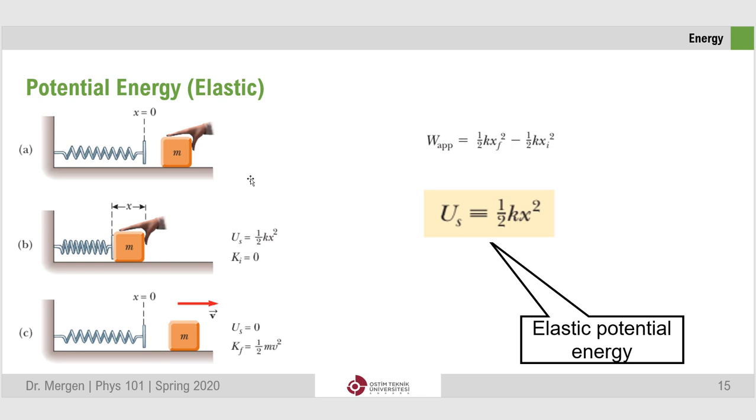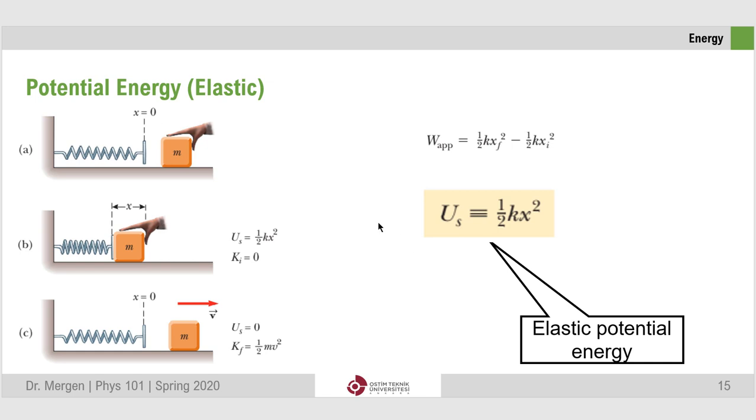The second type of potential energy is the elastic potential energy. Some objects like a spring or a sponge can store energy, can store mechanical energy when you compress them or when you try to elongate them.